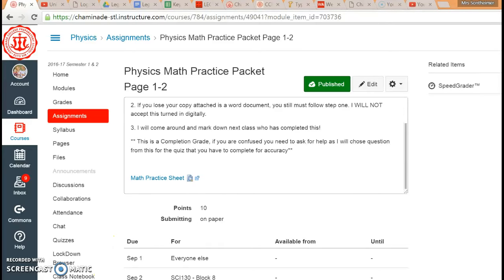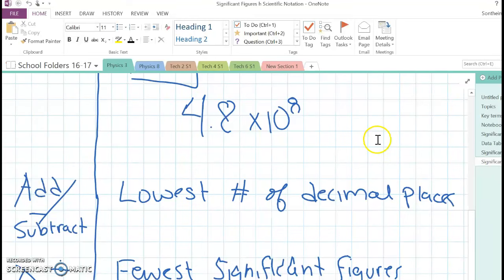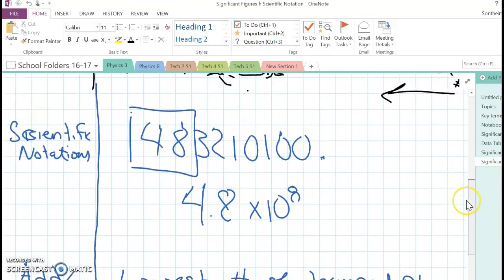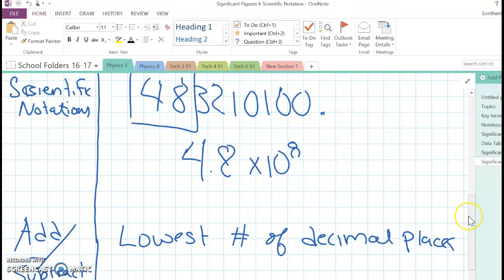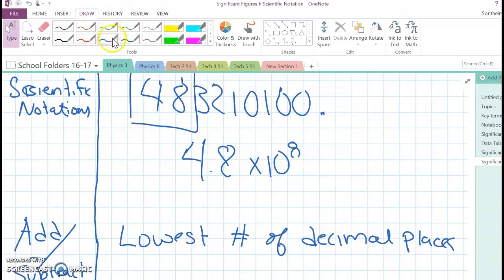Real quick on the notes. The things we talked about, scientific notation, theoretically, I did this one wrong. I'm going to show you a little bit more. If you don't want to round, if you want all these significant figures, then it would be 4.8 times, nope, did it wrong again, my bad.